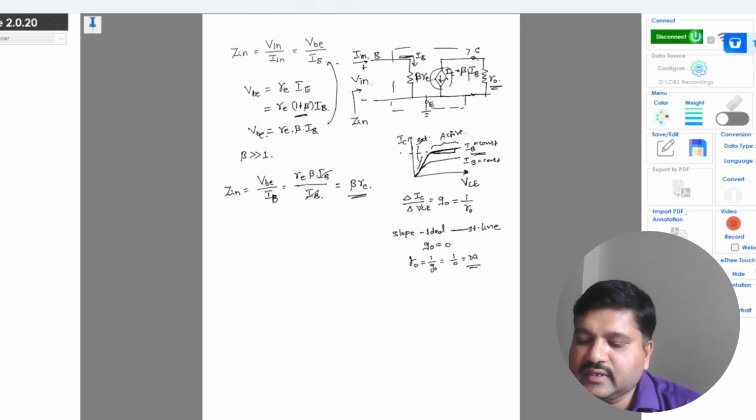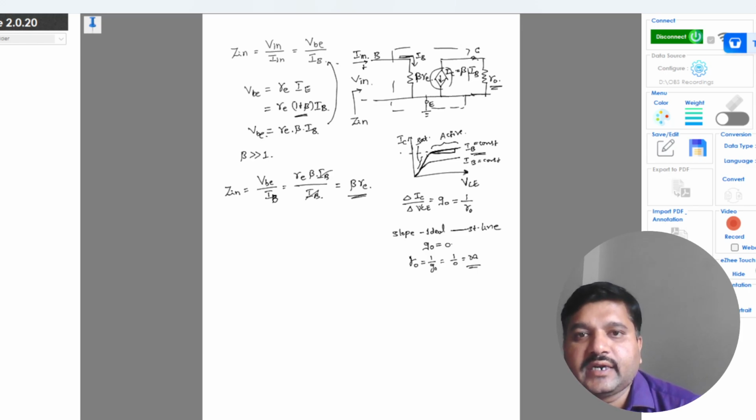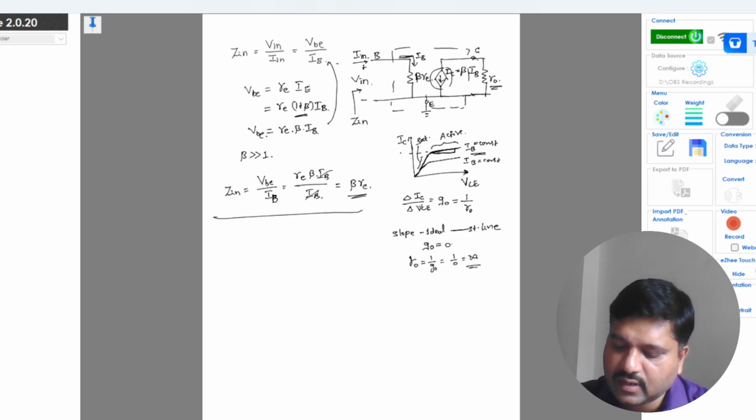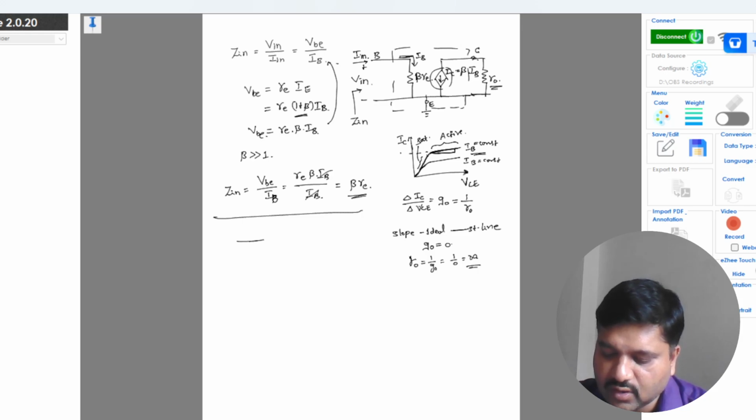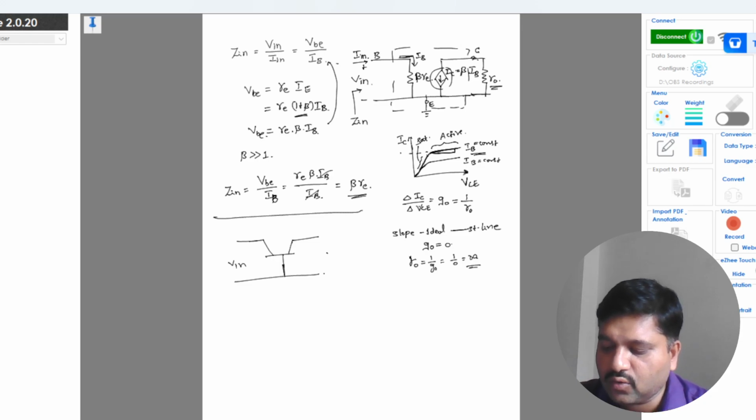So this is the small signal model represented in a 2-port network for common base configuration. Okay, so now if I take it for the common base configuration, that means base is common or reference with respect to input and output.